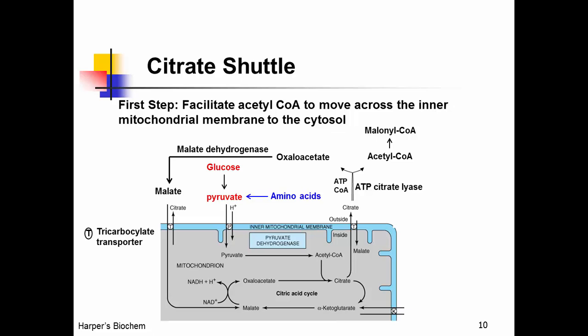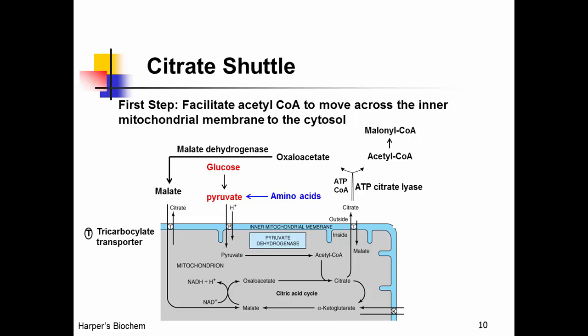The citrate shuttle system is very important. The main function of the citrate shuttle is to move acetyl-CoA across the inner mitochondrial membrane to the cytosol for synthesis of fatty acids. You also still remember the TCA cycle: acetyl-CoA enters the TCA cycle and finishes the first reaction to generate citrate.